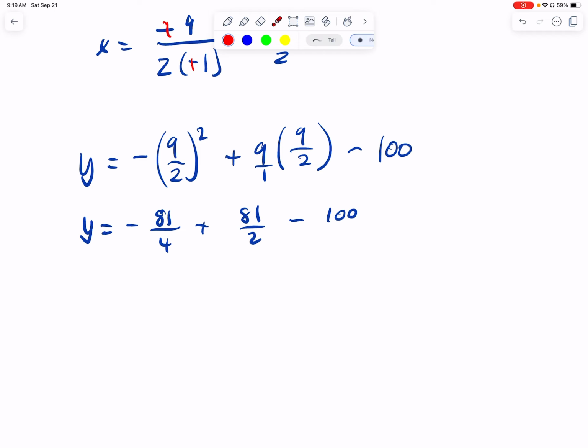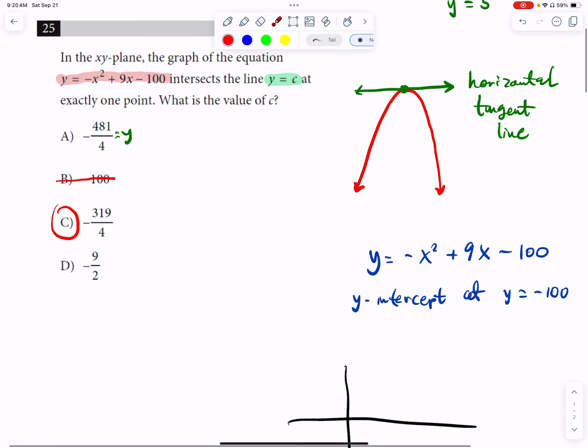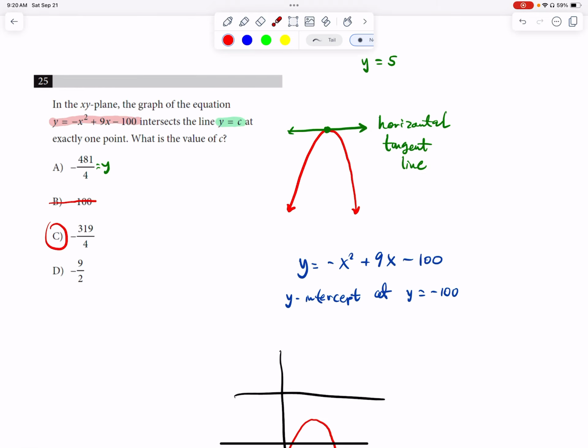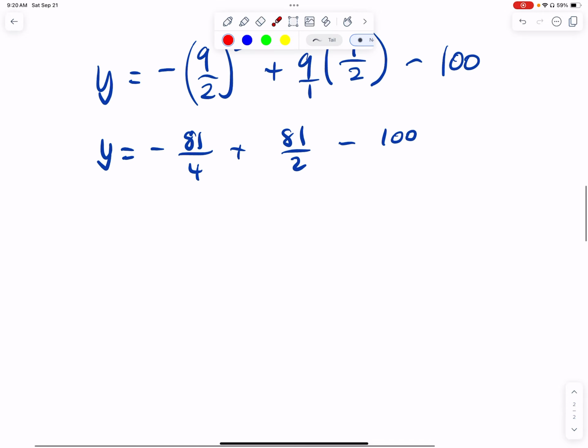All right, so since we have a couple of fractions in here, if I'm going to combine all of these things, I need a common denominator. Between the 4 and the 2, the common denominator is a 4. That's interesting. If I look at my answer choices, there were 2 of them that had a common denominator of 4. Okay, so let's get them with a common denominator of 4.